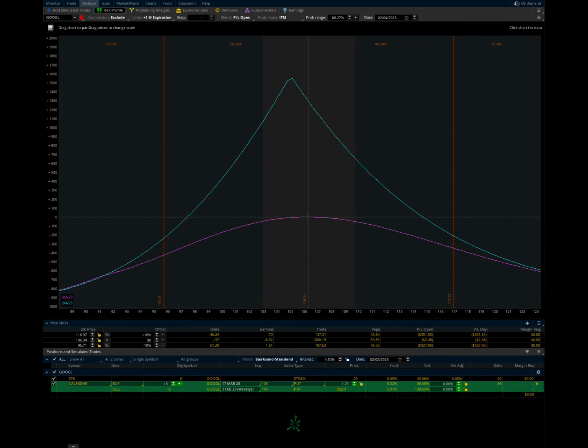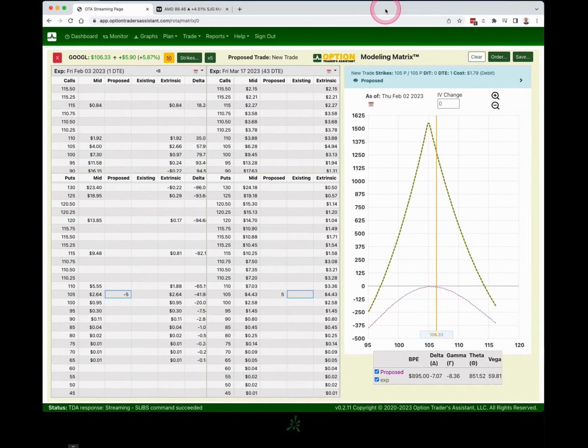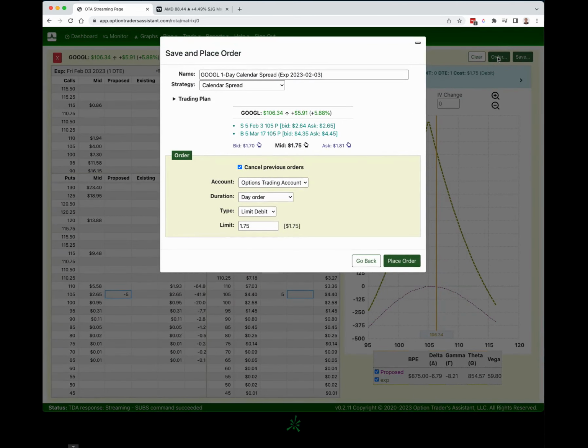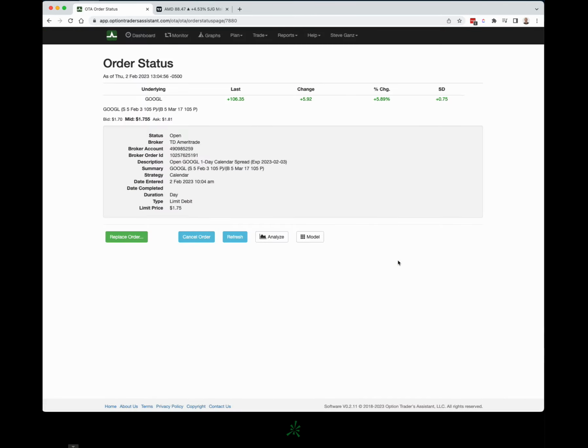Again, I do my trades in Option Trader's Assistant, so I've got that set up here, ready to go. The reason I do this is because I can get a very good graphical display of not only the trade as it exists right now after I enter this trade, but then as I make modifications or adjustments to the trade, it keeps those all in order and gives me a complete overall P&L diagram, including all of the prior legs that have closed.